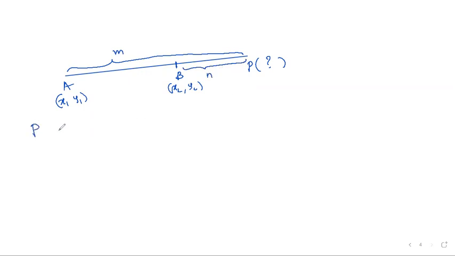P divides AB externally in the ratio m:n.